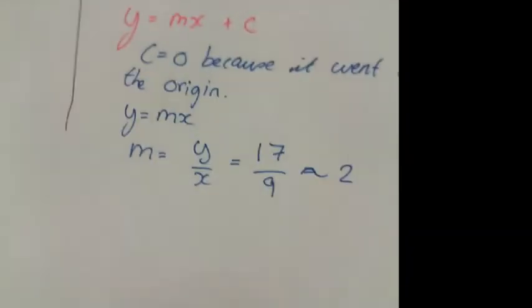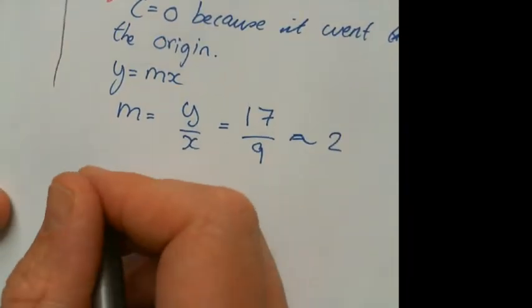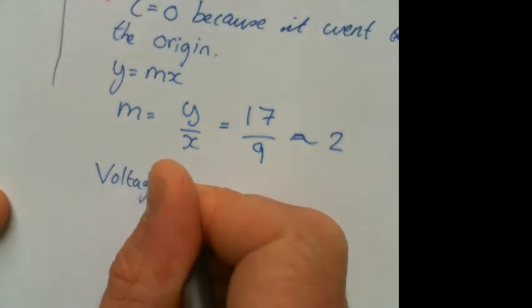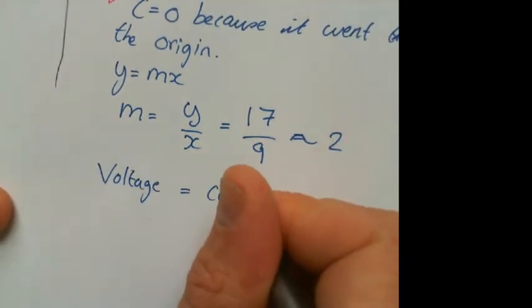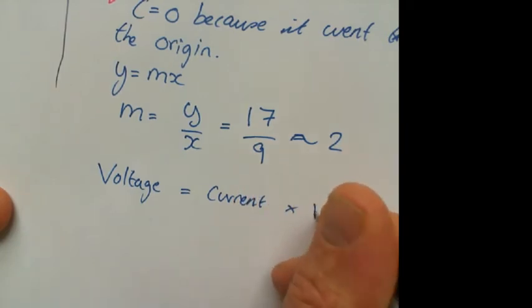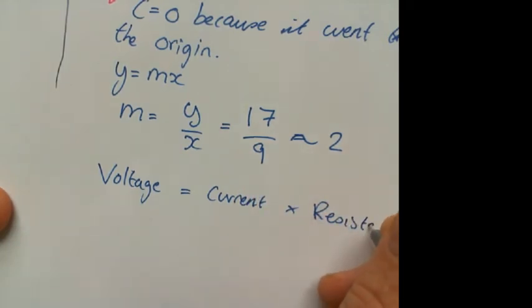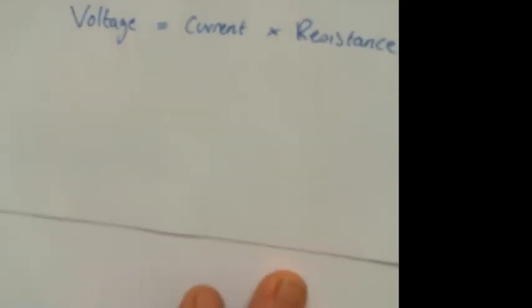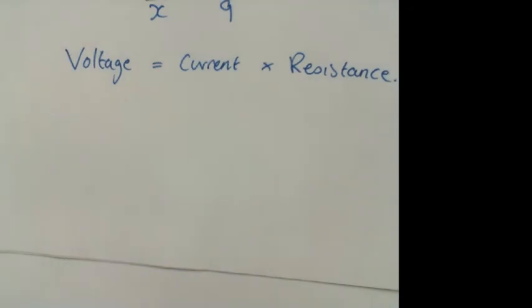And he wrote a law that went like this: volts, or voltage, or potential difference, equals current times resistance. And if that line was a straight line, then you have a constant resistance. And only special components have a constant resistance.